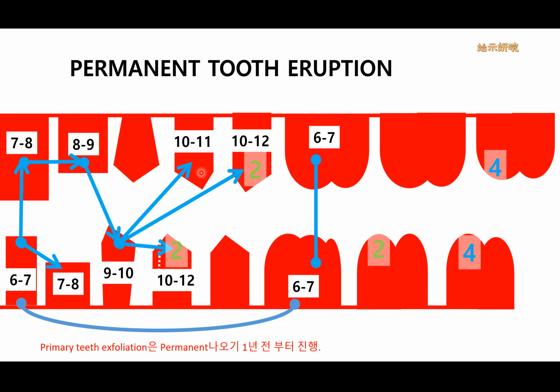We all see 10, 10, 10, but the maxillary first premolar erupts at 10 through 11, while the maxillary second premolar and the mandibular first premolar erupt at 10 through 12. So 11, 12, take the difference.